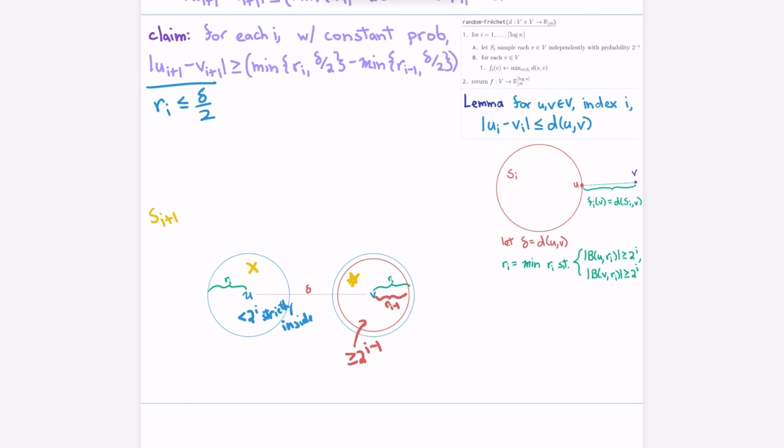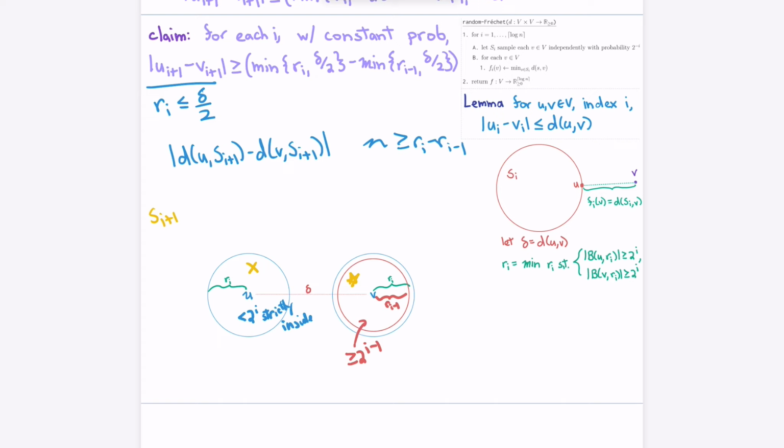What you're interested in ultimately is d_U(s_{i+1}) minus d_V(s_{i+1}). You want this to be something comparable. The claim is that this is going to be at least r_{i-1} sometimes.